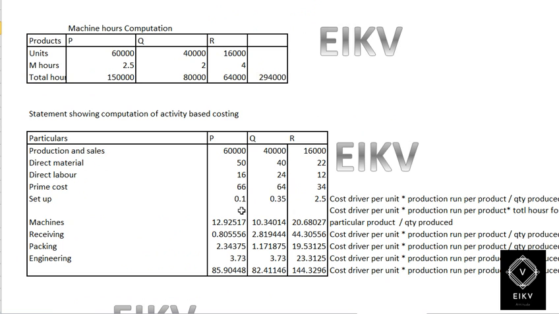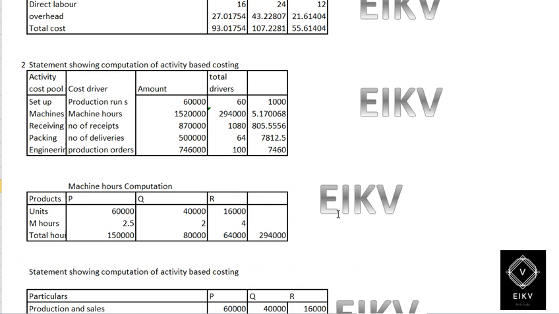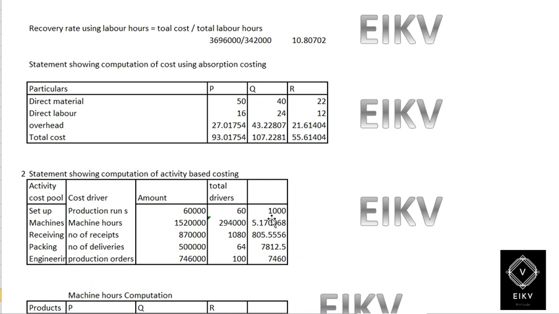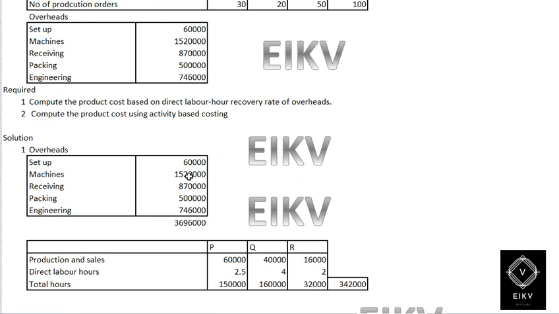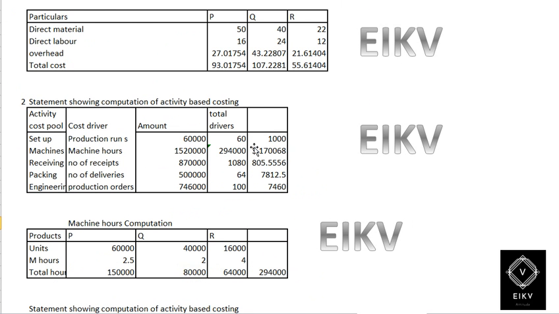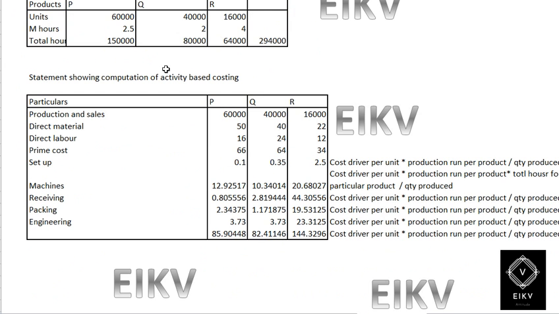In the same manner, the next cost is machine hours. For machine hours it will be 5.17 multiplied by the number of machine hours, which has been mentioned over here as 1,50,000 divided by 60,000.